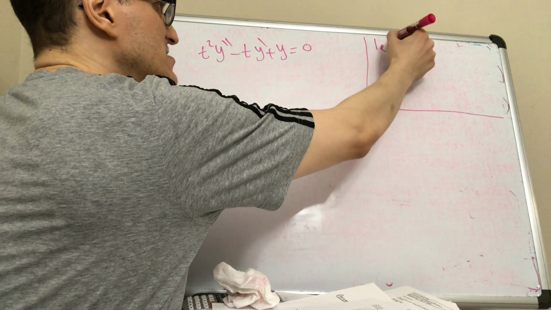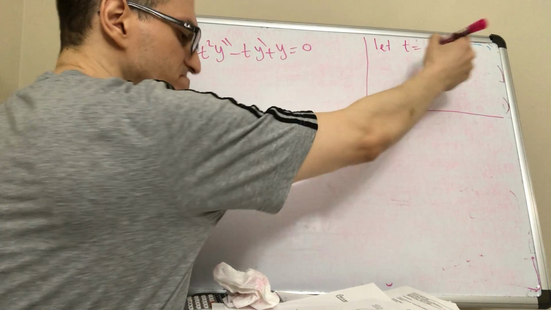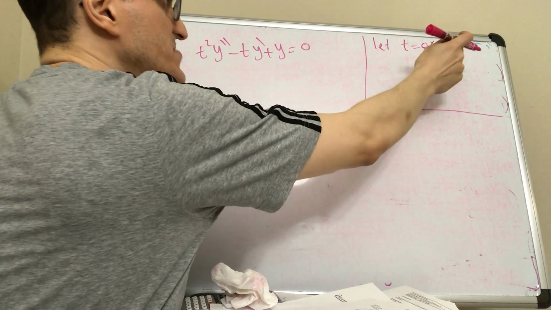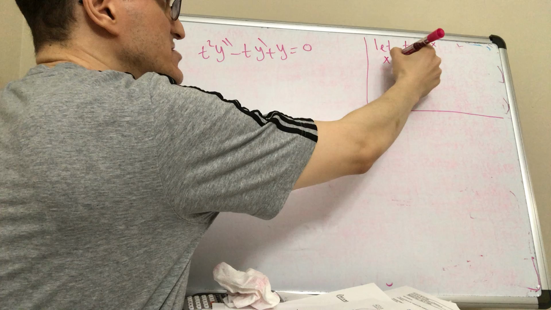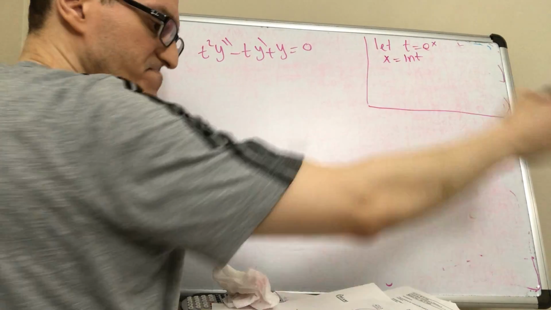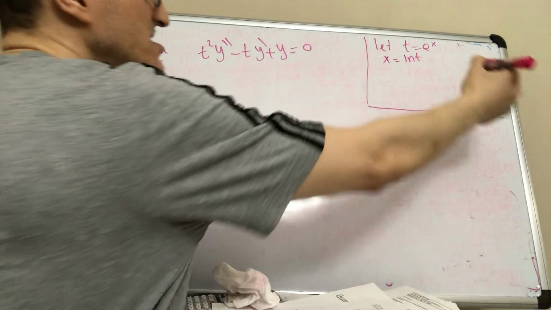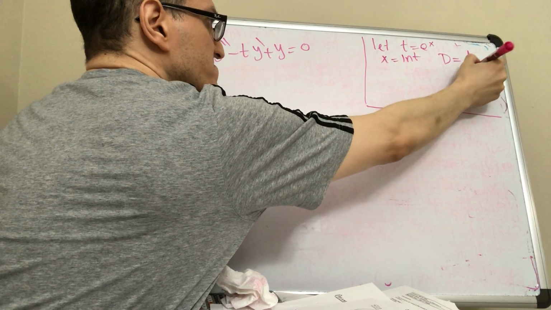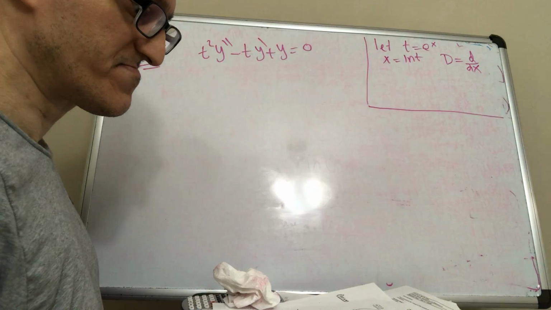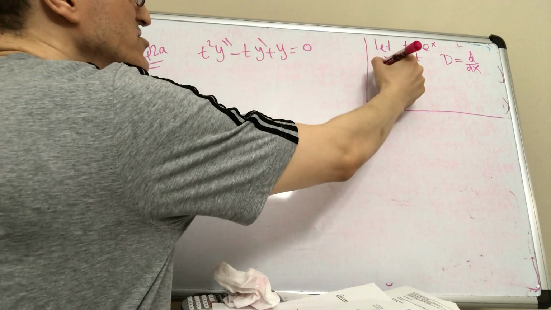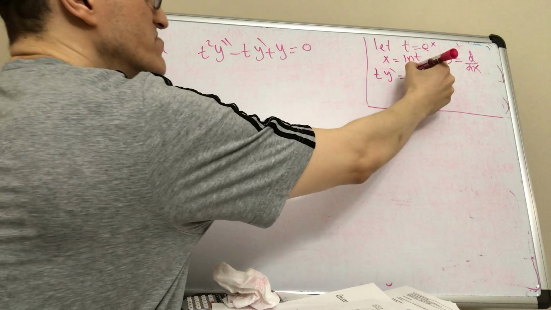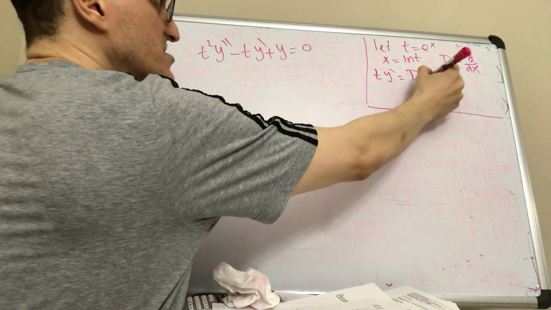You're going to let t be e to the x. And if you ln both sides, x would be ln t. The letter capital D is the derivative. t y prime would be the derivative times y.